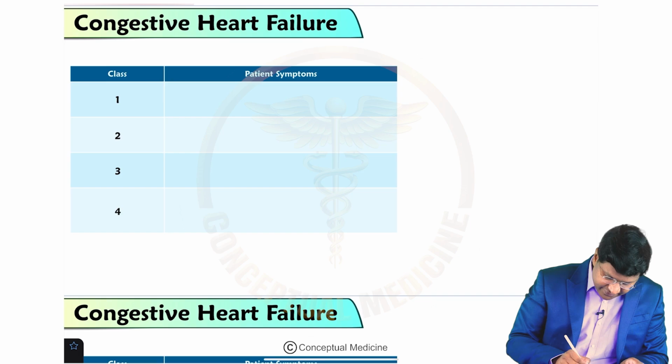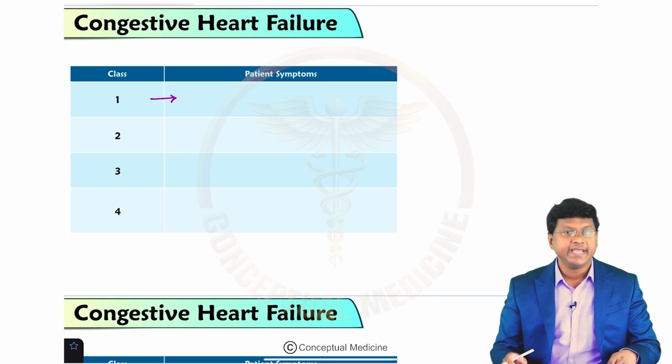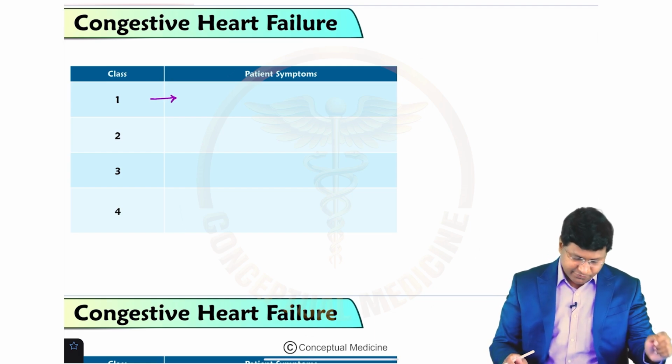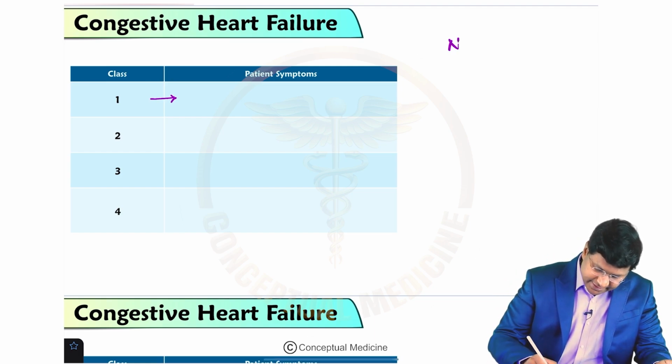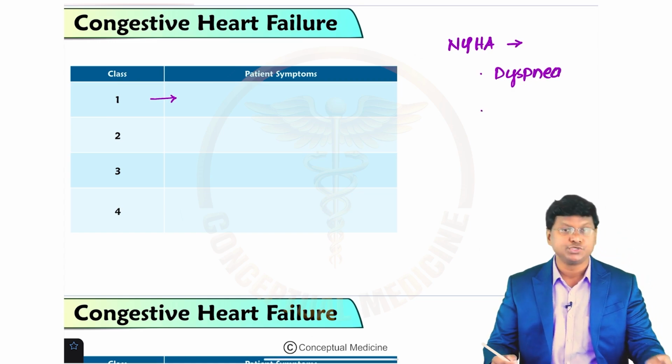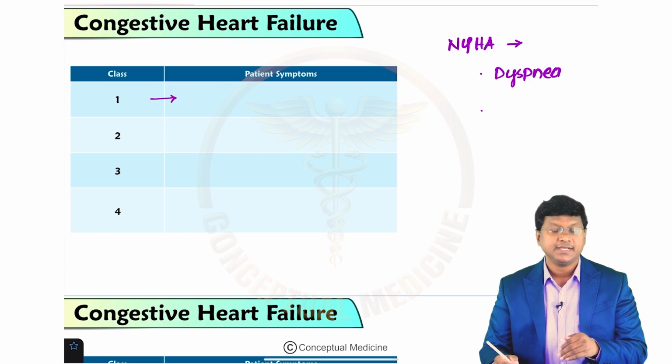If you take NYHA class 1, there is no limitation of physical activity. But first of all, I want to tell you that this NYHA classification not only tells you about the dyspnea.